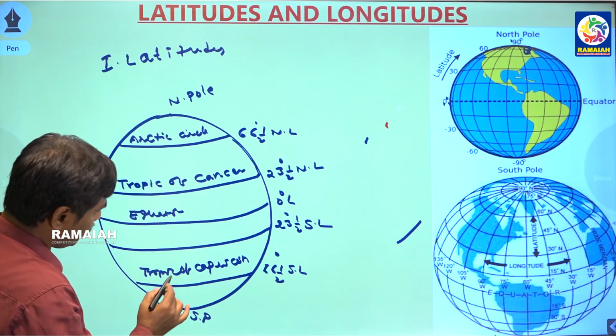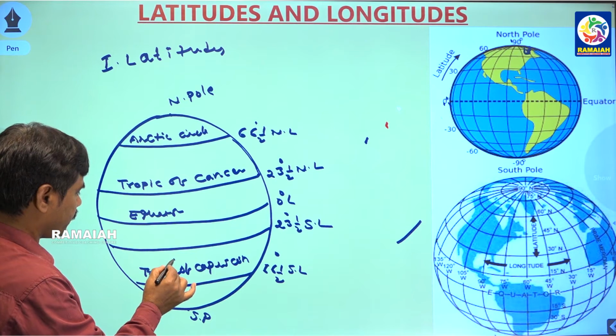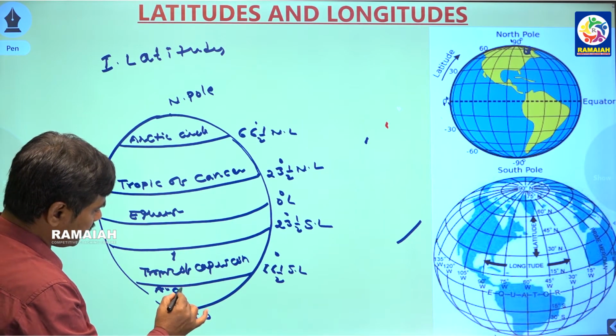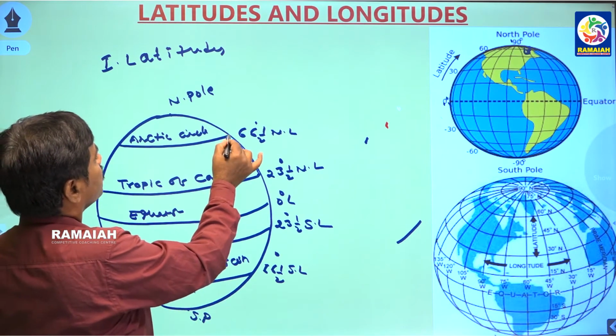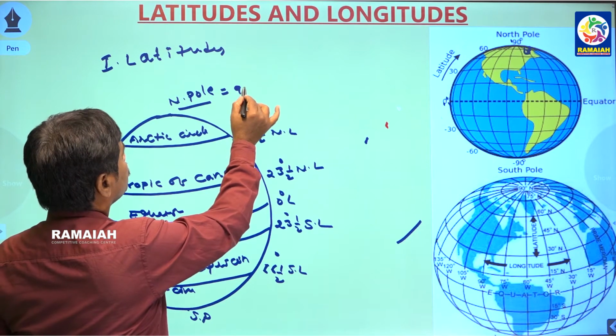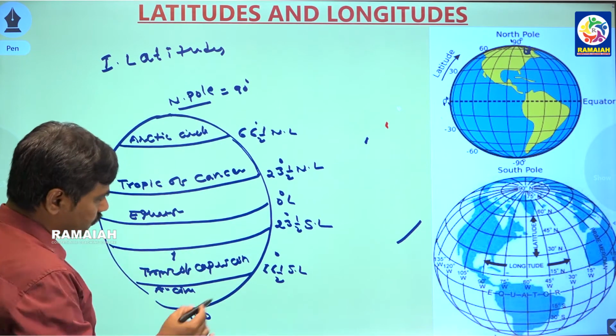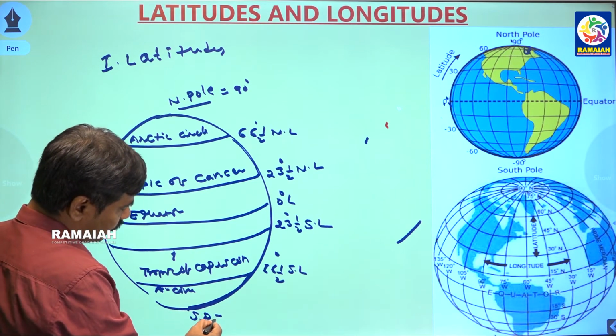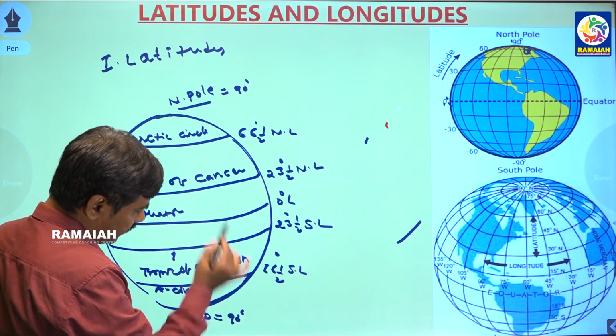This is the Antarctic Circle. From 66½ up to the North Pole, which is measured as the 90 degree latitude. And from 66½ up to the South Pole, which is also measured as the 90 degree latitude.